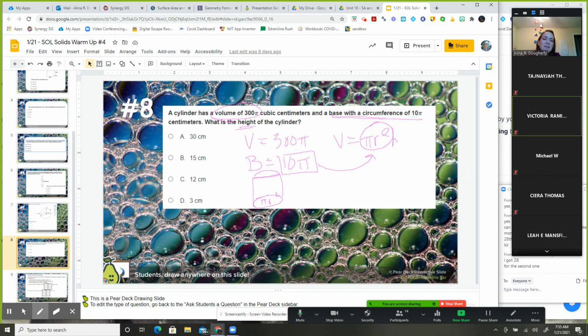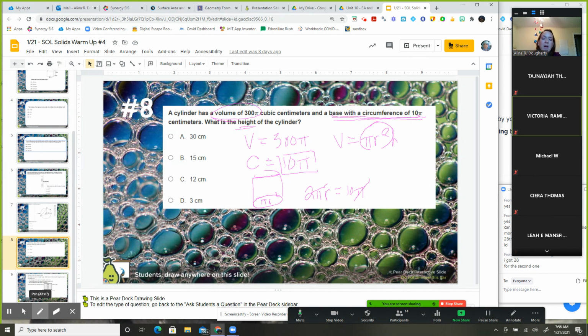So if the base of a cylinder has a circumference of 10 pi, that makes my life a little more difficult. So I can't just plug it in. This is circumference of 10 pi, right? So if the circumference equals 10 pi, then 2 pi r equals 10 pi.